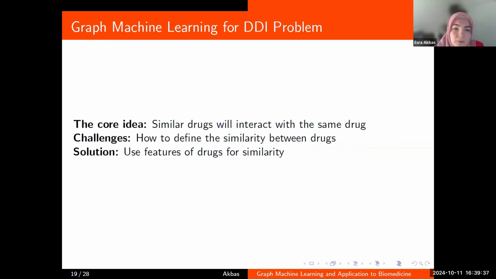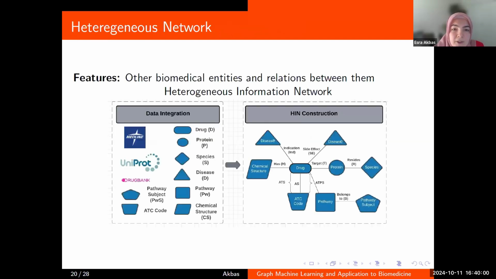So what we do is use computational models. The core idea here is that similar drugs will interact with the same drug, so we need to define the similarity between them. How can we define this similarity? We use features of the drugs, so we need some feature sets. These feature sets can be the other entities in this biological domain.